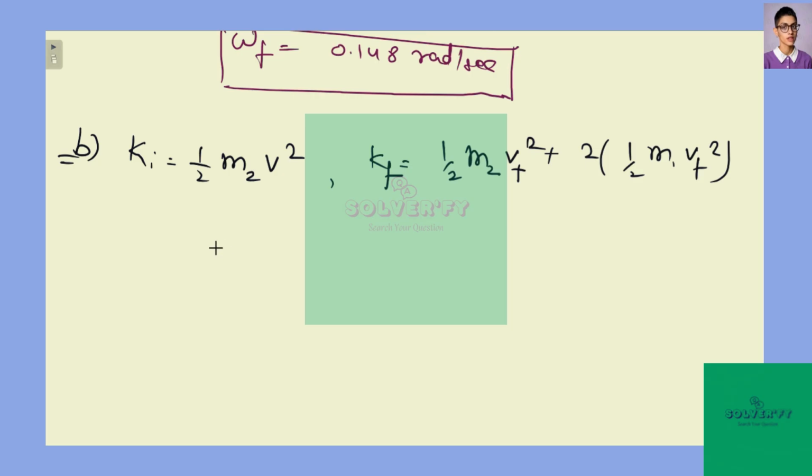So the ratio K final upon K initial is m2 upon (2 m1 plus m2). Now put all the data in this equation and we get 0.0123.